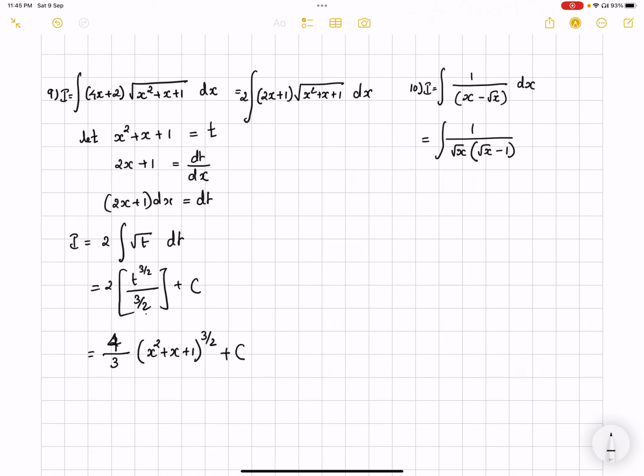See, when I have root 4, it is 2 because 2 into 2 gives 2. Plus or minus 2, obviously, but I'm taking positive here. And now here it is not that. I have just 2 here. So this 2 is nothing but root 2 into root 2. Then only I would be getting it as 2.